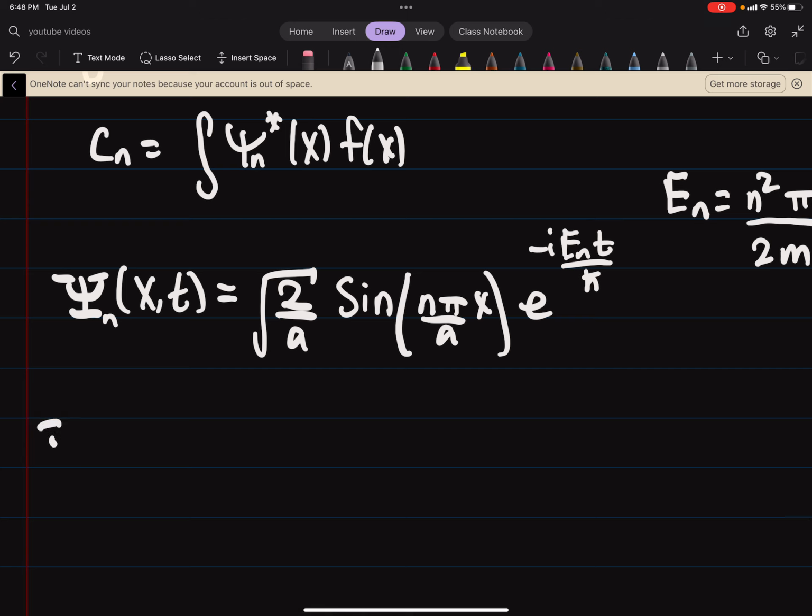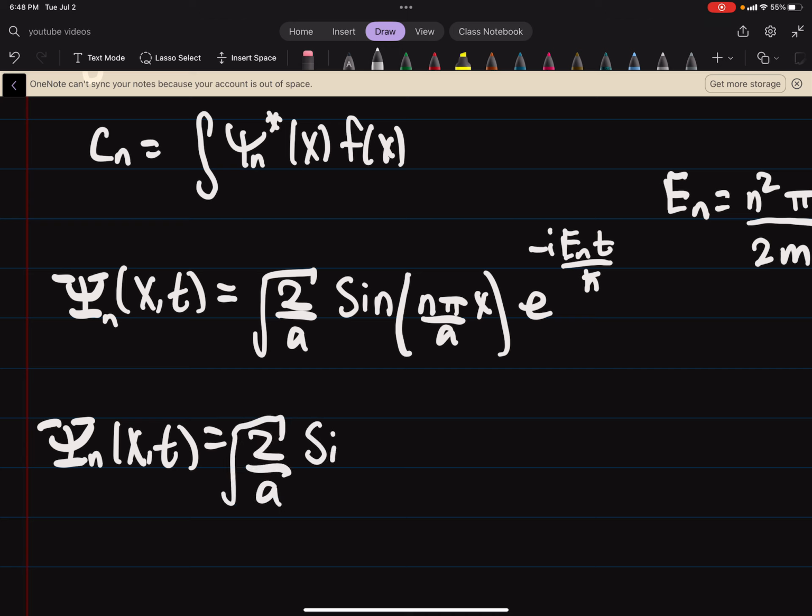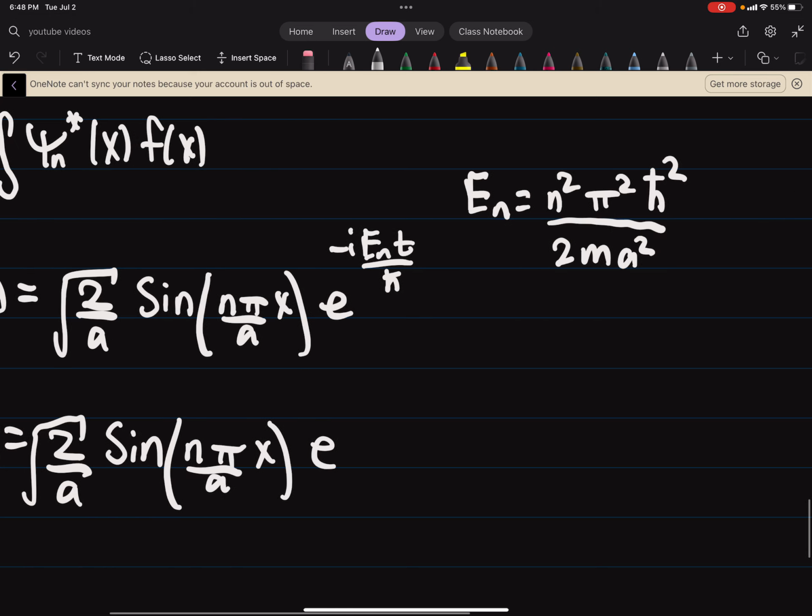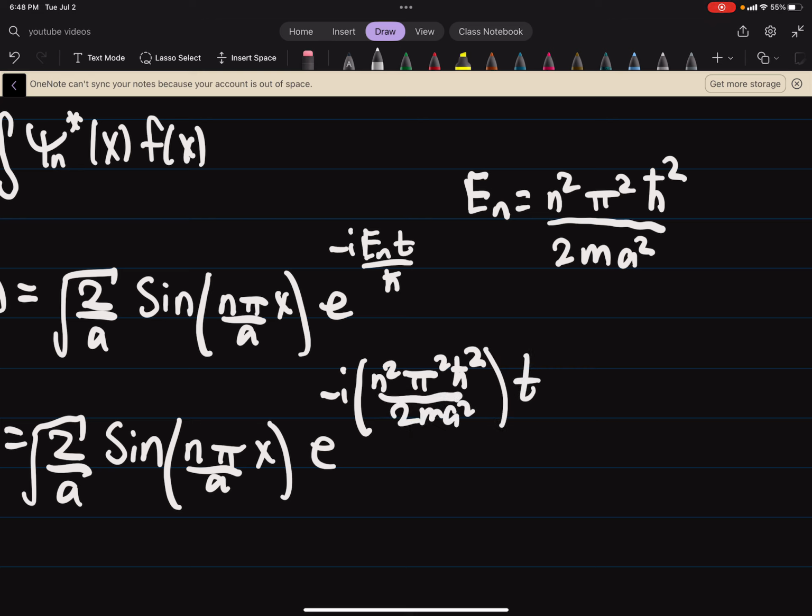So then our entire wave function is just the square root of 2 over a, our normalization constant, sine of n pi over a x, e to the minus i n squared pi squared h bar over 2 m a squared times t.